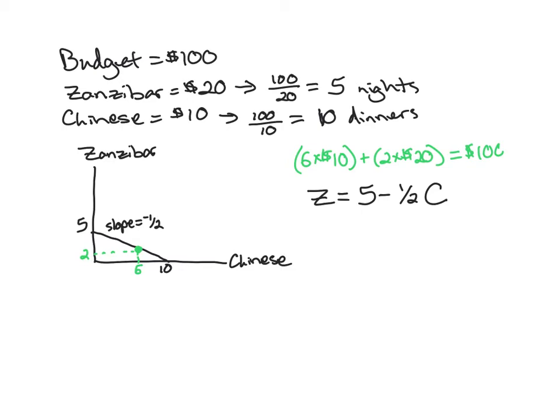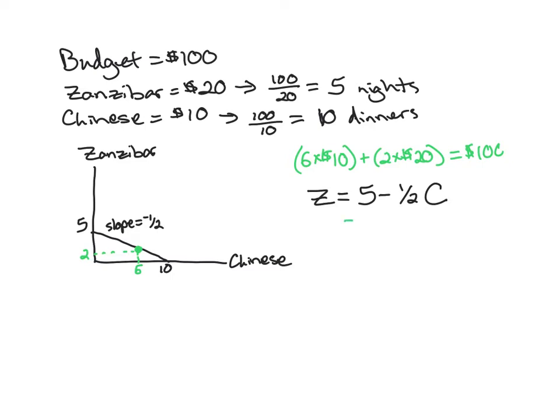So then to go back and answer the question in a different way, can she afford 6 nights at the Chinese restaurant and 2 nights at Zanzibar? We can simply plug in for either C or Z in this equation and see what the equation spits out in terms of the maximum possible number remaining.